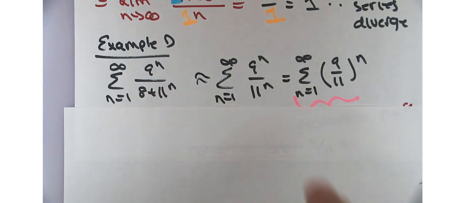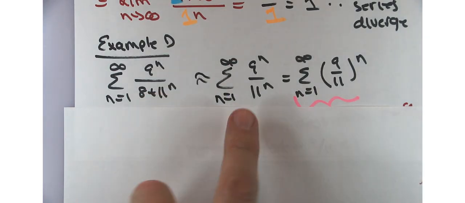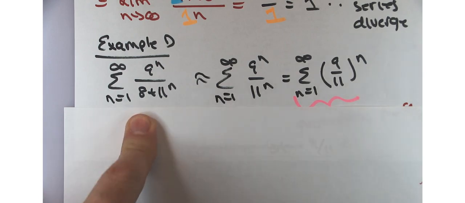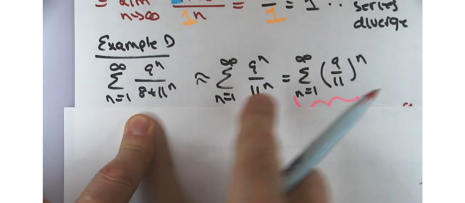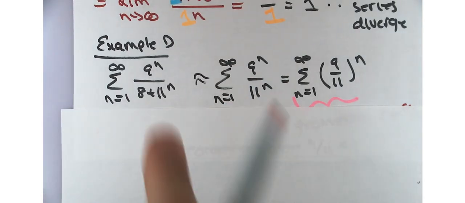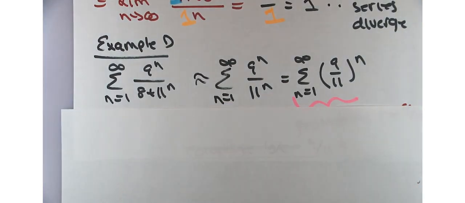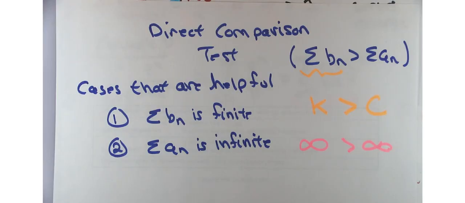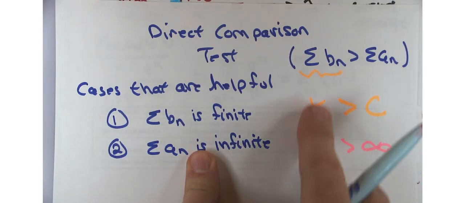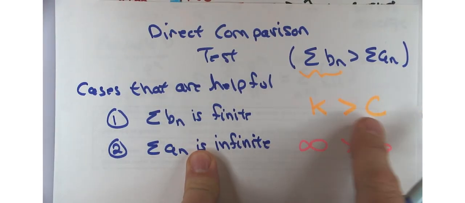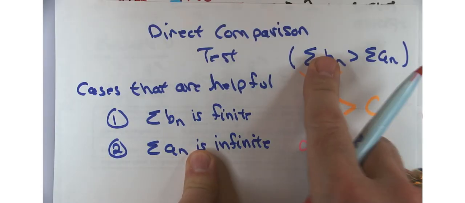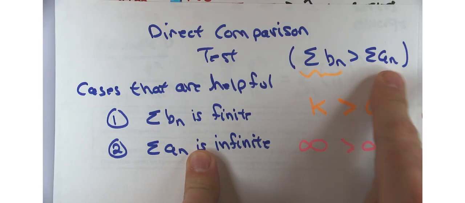This one's going to be smaller, right? It's got a larger denominator, the same numerator, so this one has to be smaller. That's okay if you're trying to use the direct comparison test and show convergence. We've got something finite which is bigger than something else, so we should be able to show that this one's finite, therefore this one has to be finite. That's where we're going with this one.